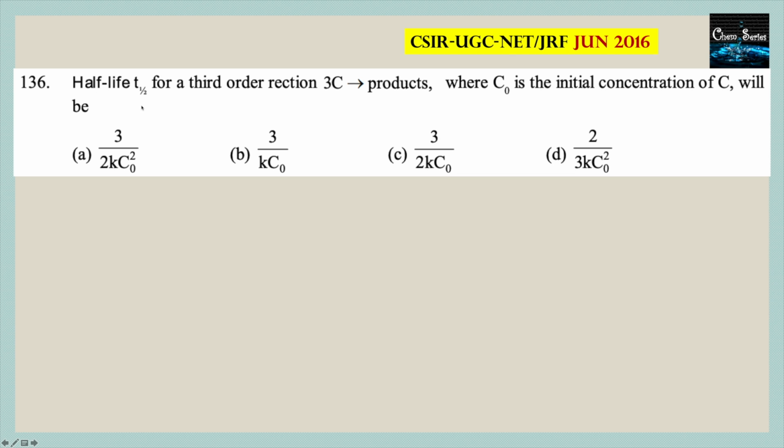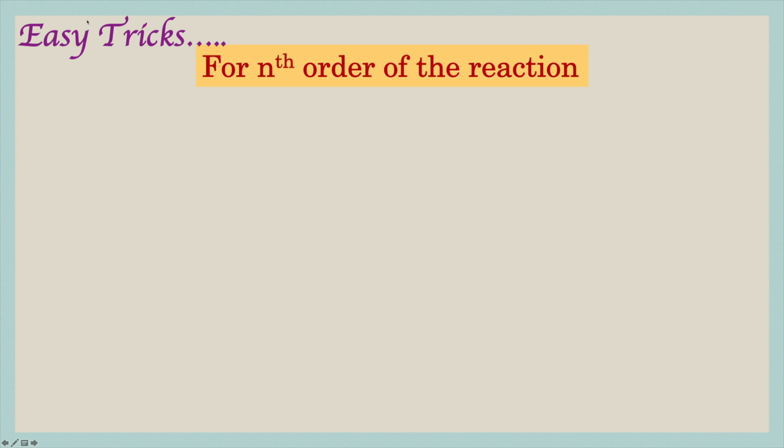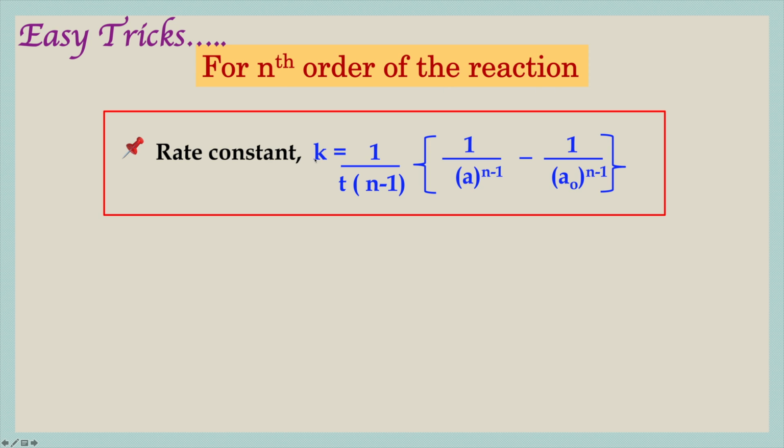Here, the half-life for a third order reaction, 3C gives product, where C0 is the initial concentration of C, will be. So they are asking us the half-life of a third order reaction. This is very easy, right? Because we know an easy trick for the nth order of the reaction. For the rate constant, this is the general formula in which you can put any order you want.